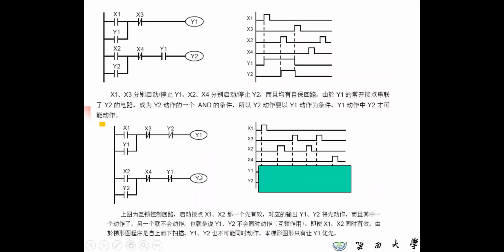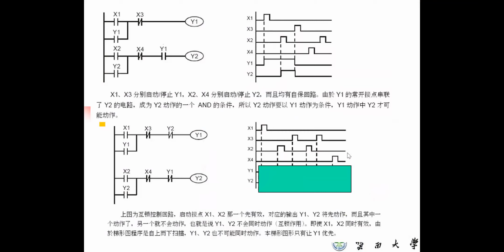And on the other hand, when we start Y2, Y1 must be stopped.